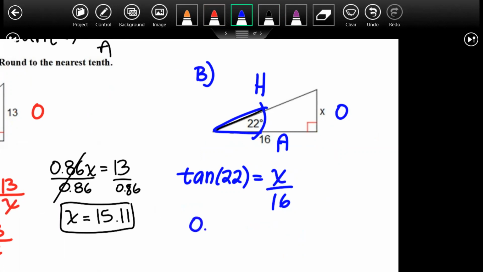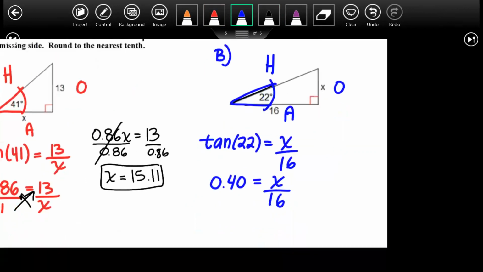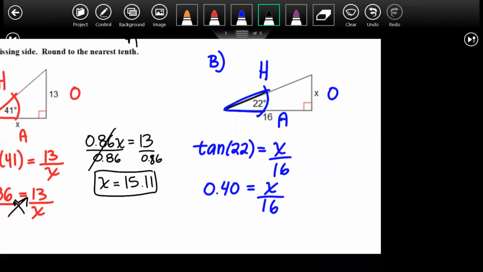No, 0.40. 0.40? Okay. Then what do we do? Now we cross multiply. I'm going to put this over 1. This is going to give me x is equal to 0.4 times 16.